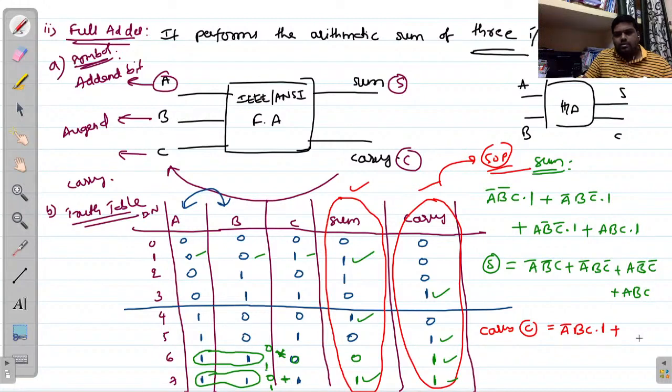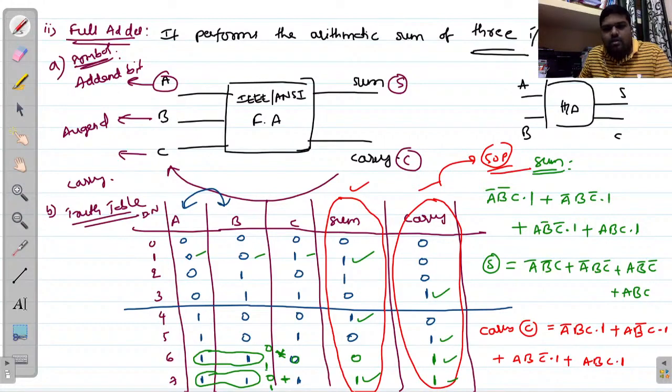This one. So a, b bar, c into 1, plus the next one, a, b, c bar into 1, plus this last one, a, b, c into 1.